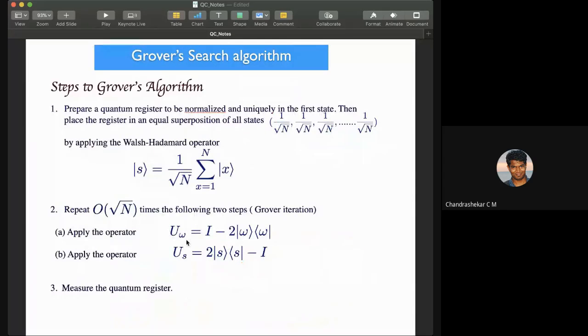Here I have this one operator which only introduces a minus sign to the marked position. That's all. It might look complicated, identity minus 2 omega, but it introduces a -1 sign to the place where you want to find an object, right? And this is what we call a diffusion operator, which rearranges the state.